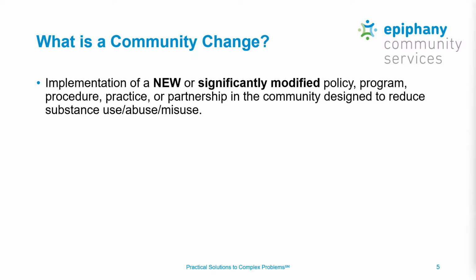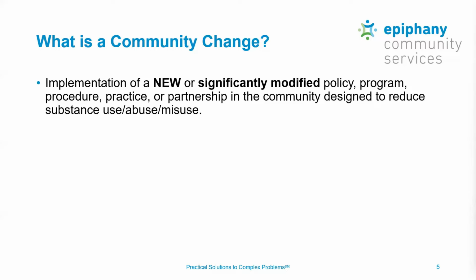Let's dissect this a little bit for a moment. When we're looking at the definition of what a community change is, we're first going to notice our bold words. Those are bolded for a reason, mainly because we don't want to be recording things as a community change if they've already happened.